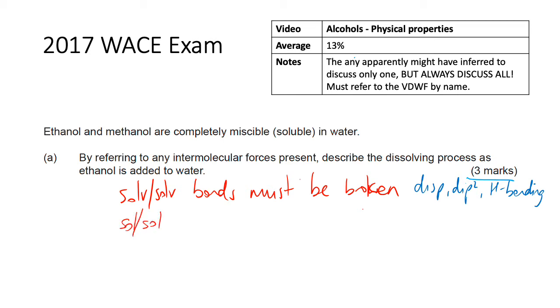Solute bonds must be broken. Ditto. What type of bonding do they have? Again, ditto: dispersion, dipole, and hydrogen bonding. That's the ethanol and the methanol.